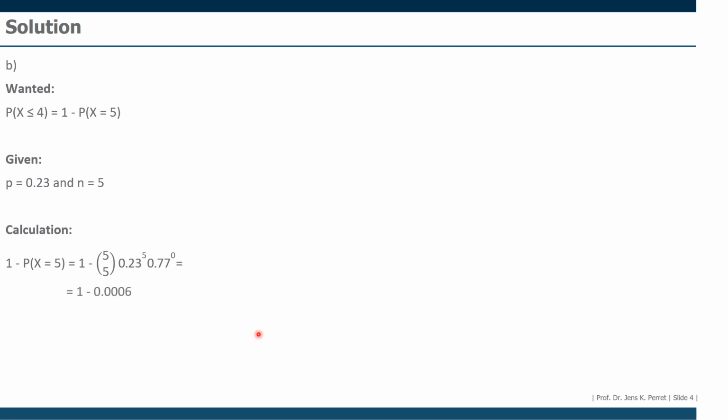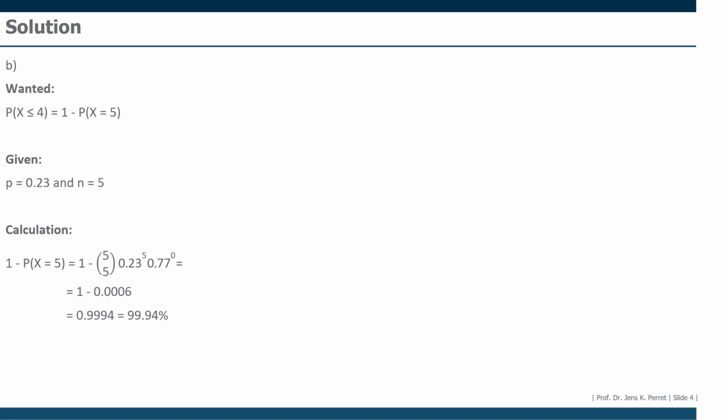We can easily get the result by calculating that, subtracting it from 1, giving us a final result of 99.94%. So the chance that in a sample of 5, 4 or less will be faulty is 99.94%. Well, that was more or less also part B.